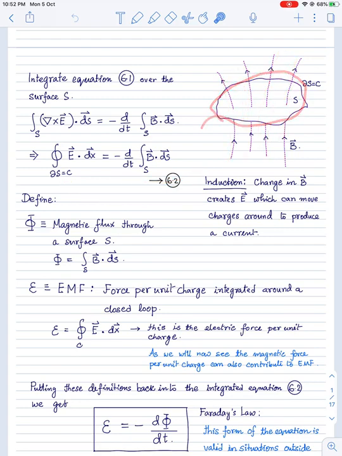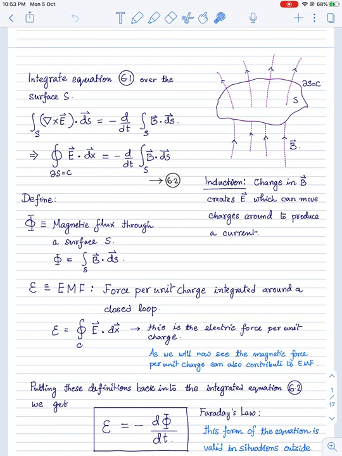There's a time dependent magnetic field inside the surface, and because of that, there's a changing magnetic flux through the surface. Okay, and given that scenario, d phi dt is non-zero, and so basically there's some EMF. This EMF is going to drive a current, and this current in turn is going to produce a magnetic field.